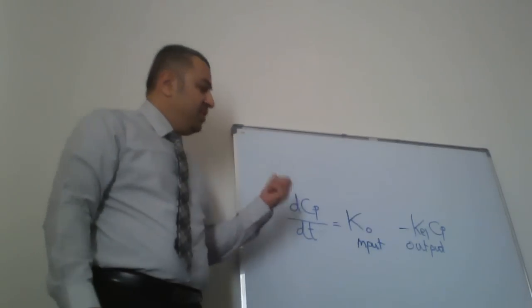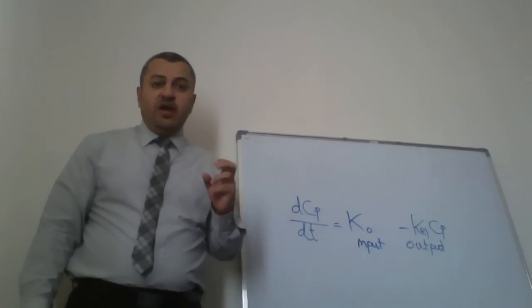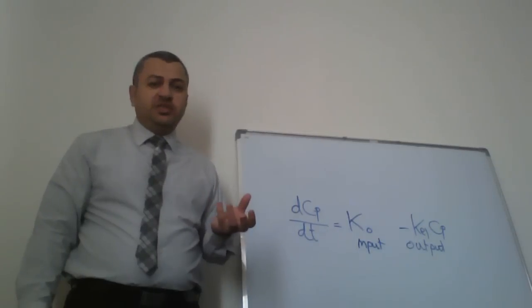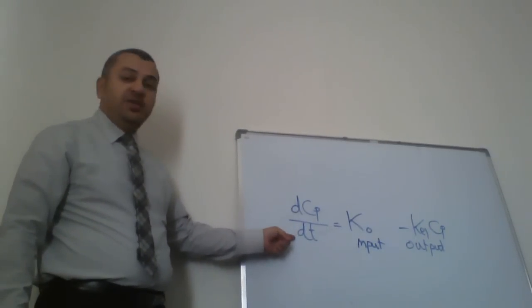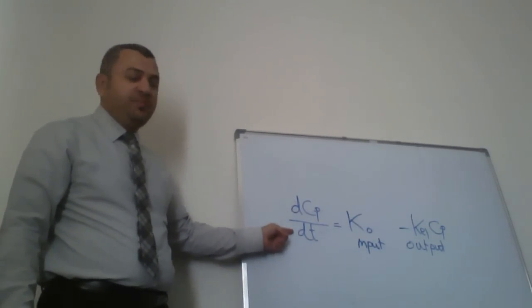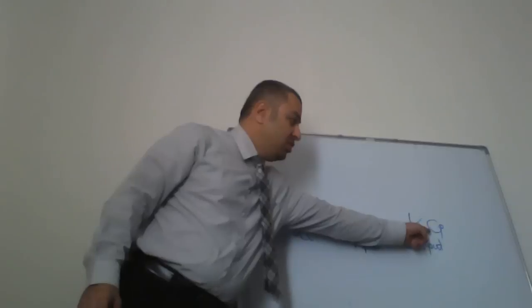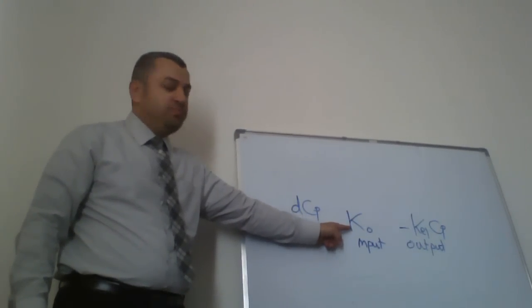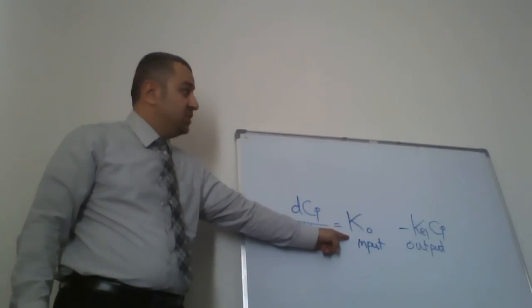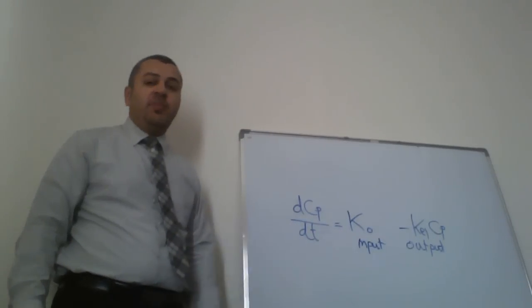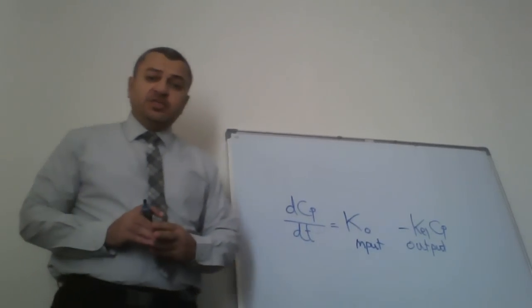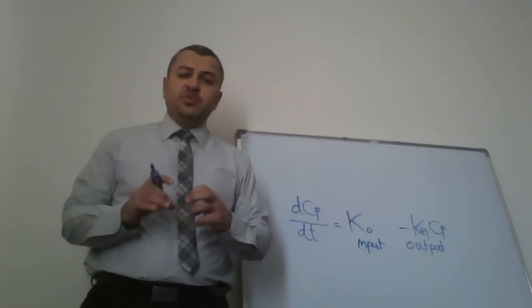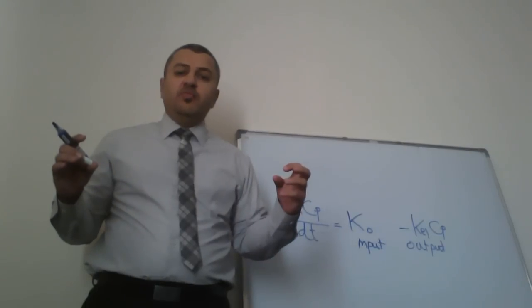Now the problem here is we have to look at the units. dCp divided by dt is concentration per time. This is also concentration per time. But K0 is amount per time. That's why we will try to make them all the same.